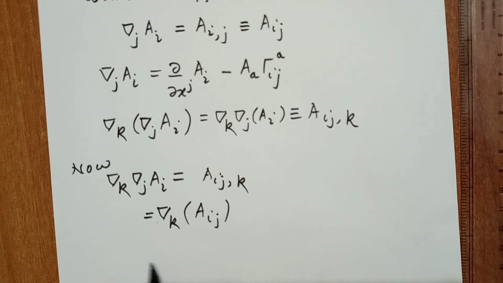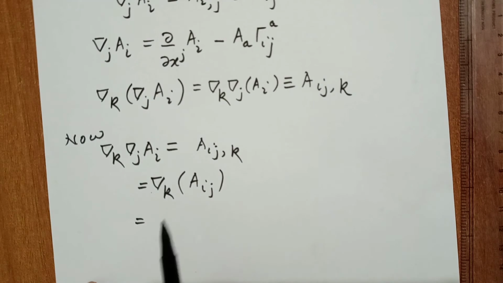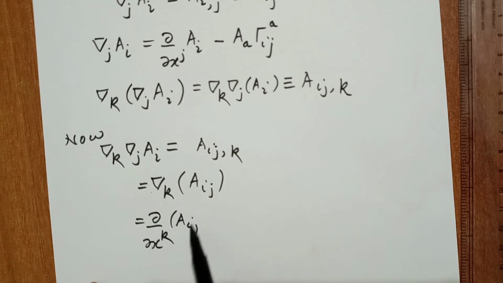The first term is the partial differentiation del A_ij upon del x^k.